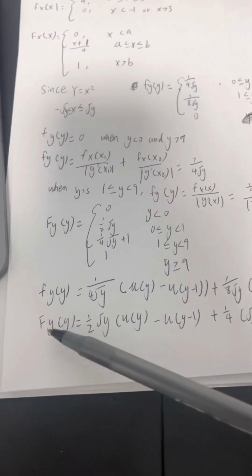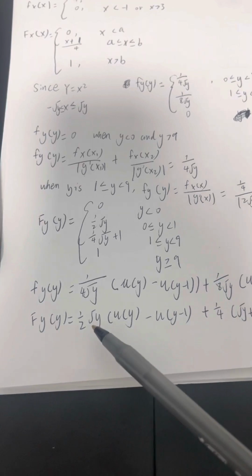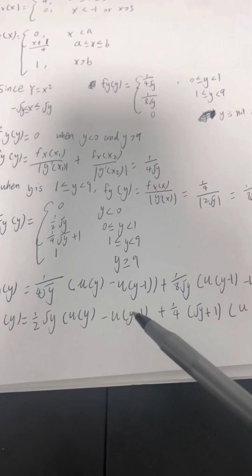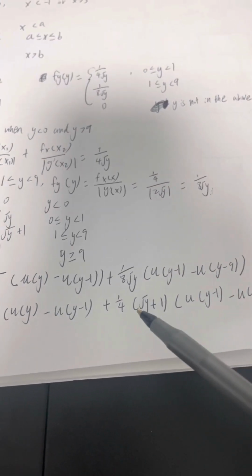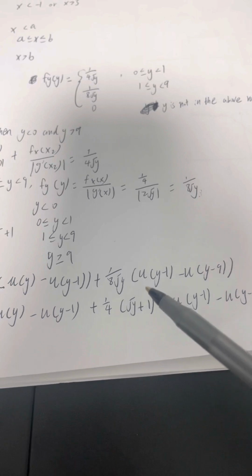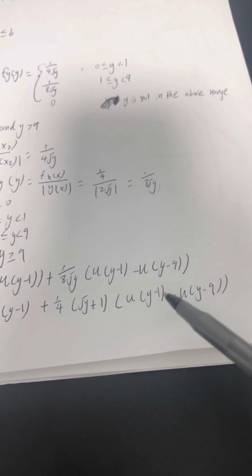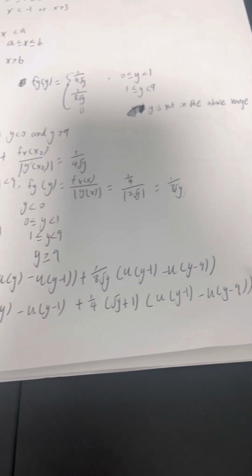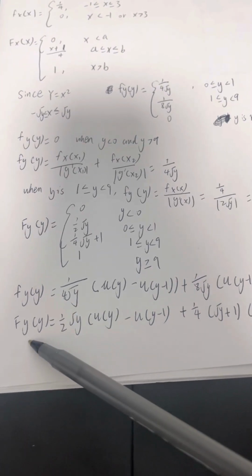And also F_Y(y) is equal to 1/2 times square root of y times (u(y) minus u(y minus 1)) plus 1 over 4 times (square root of y plus 1) times (u(y minus 1) minus u(y minus 9)). So now you find f_Y(y) and F_Y(y).